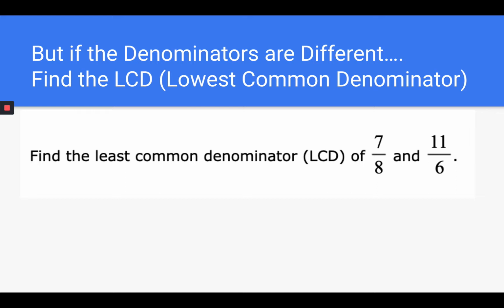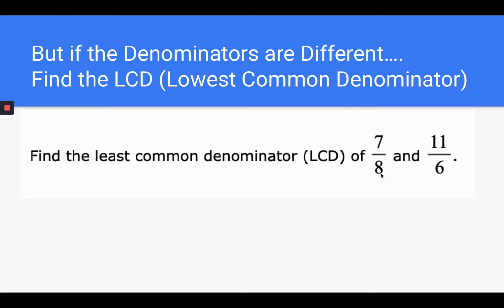Okay, there's a couple questions in ALEKS that look like the one below. Find the least common denominator of 7/8 and 11/6. On this question, they're not asking you to solve it. They're just trying to get you to think about the least common denominator. What they mean is the smallest number, we're talking about multiples now, that 8 and 6 both go into.